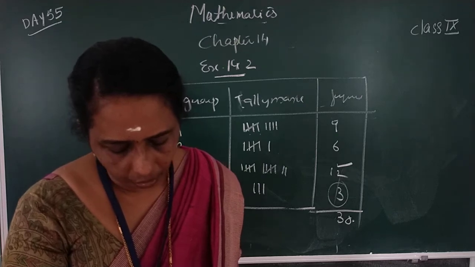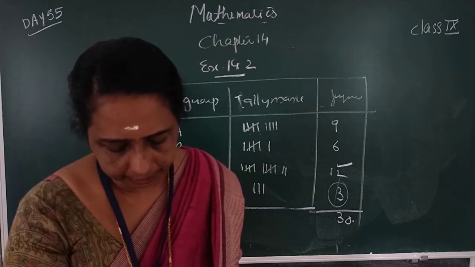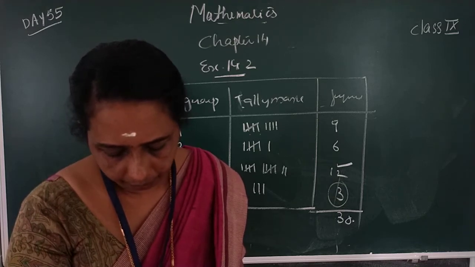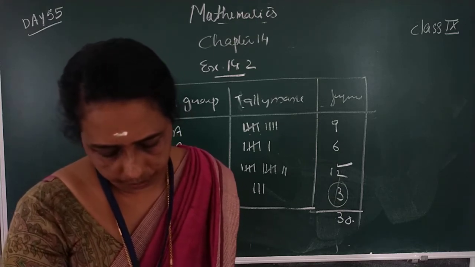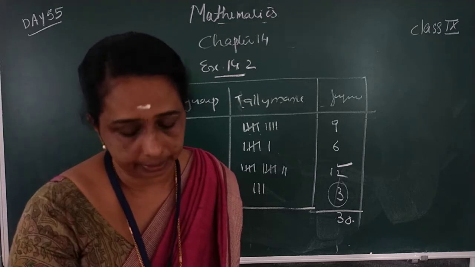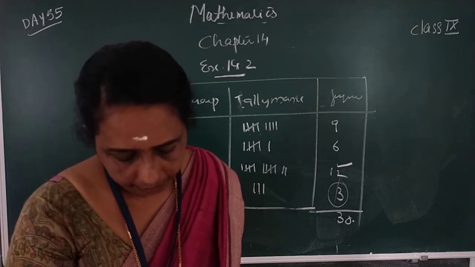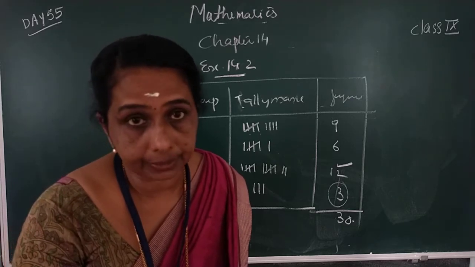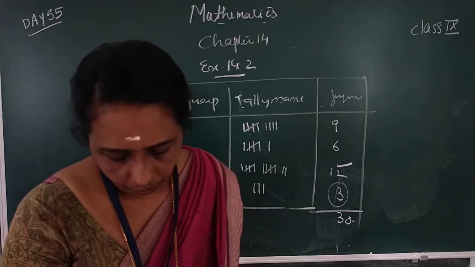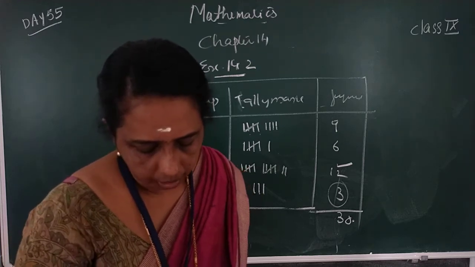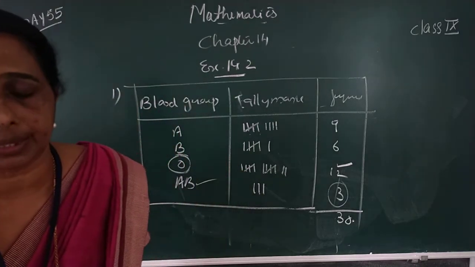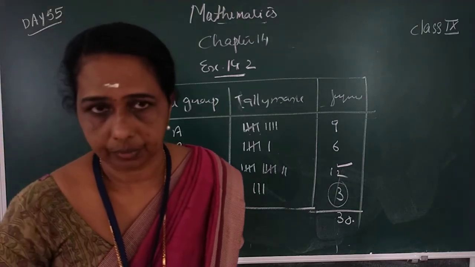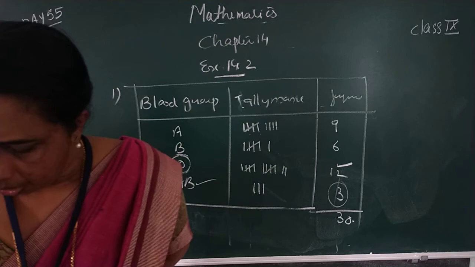Next, the distance in kilometers of 40 engineers from their residence to their place of work were found as follows. Construct a grouped frequency distribution table with a class size of 5 for the data given above, taking the first class interval as 0 to 5.